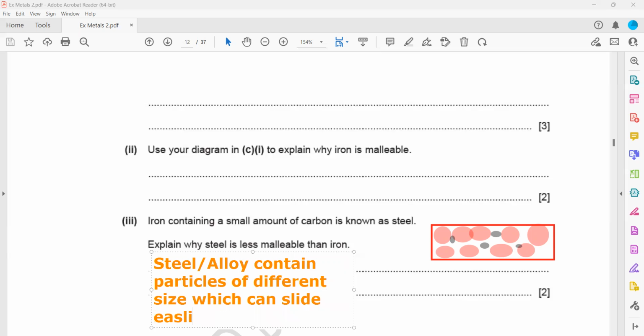As a result, it will become hard. And if we increase the amount of the impurity, it will become harder, less malleable, and it will be difficult to deform. So high carbon steel is rigid as compared to low carbon steel, which is more malleable and can be hammered into shape.